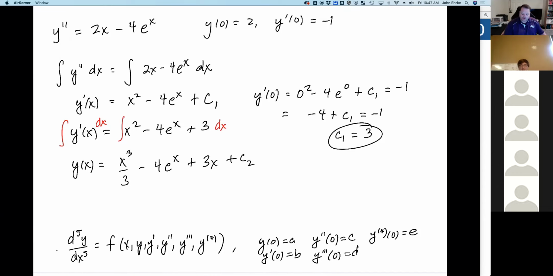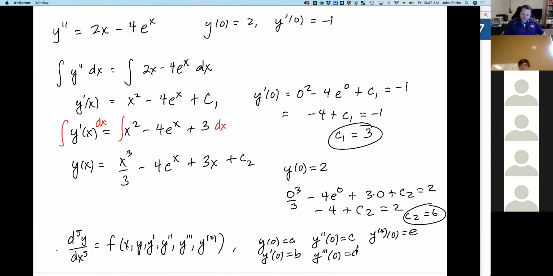So here I use the final piece of data, y of 0 is 2. If you use that, you'll plug in x equal to 0, so you'll have 0 cubed over 3 minus 4e to the 0 plus 3 times 0 plus c2 is 2. Or, let's see, that's minus 4 plus c2 is 2. So c2 is 6.